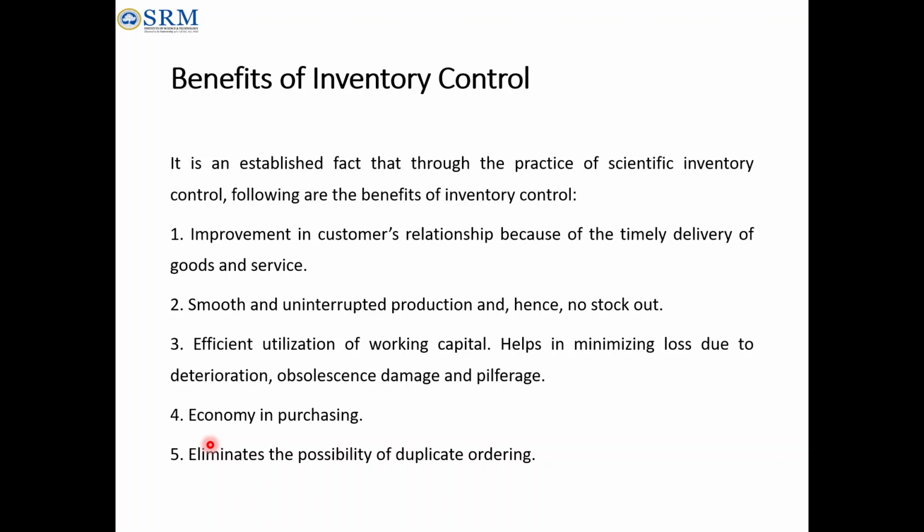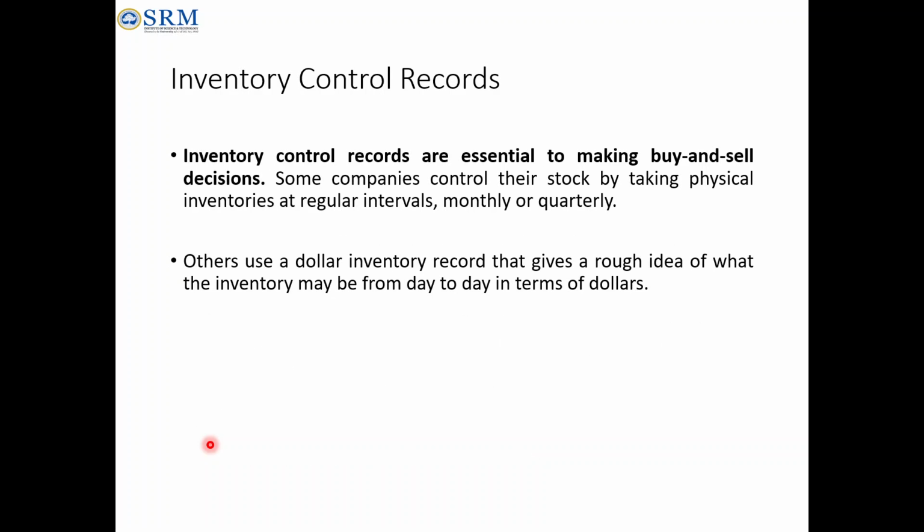Or they may not have stored it in sequential order or properly, so they don't know where it is available. Suddenly they want the product, they check the store and think it is not there, so they place a duplicate order. Already you have it, and you are ordering again, which is meaningless. So for that, inventory control will be useful.